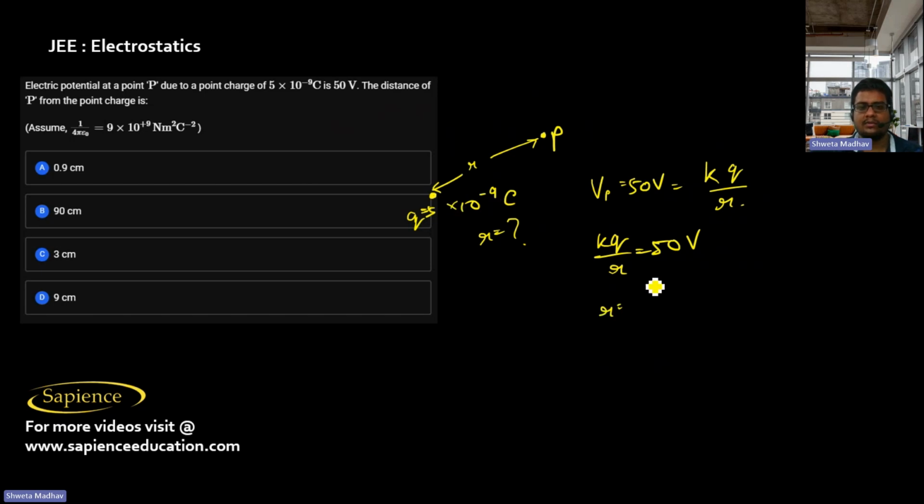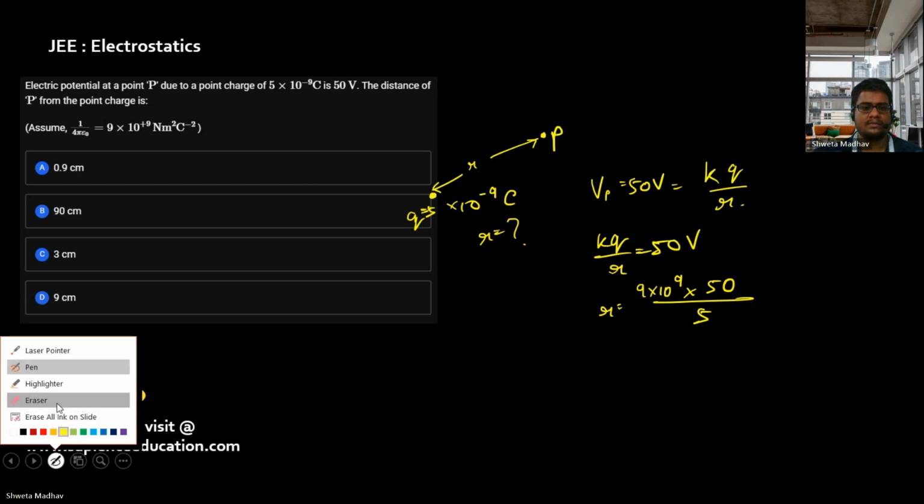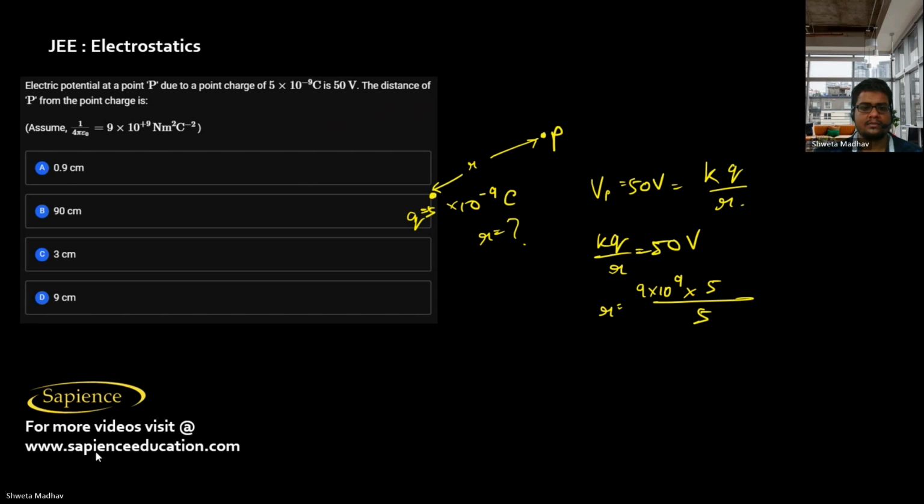So R will be equal to kq divided by 50 volts, where k is 9 into 10 power 9 and Q is 5 into 10 power minus 9, divided by 50.